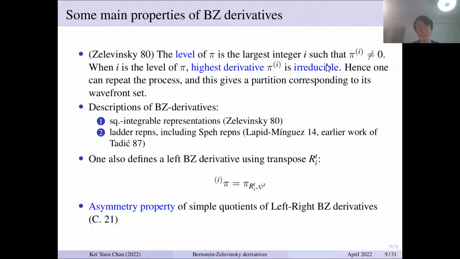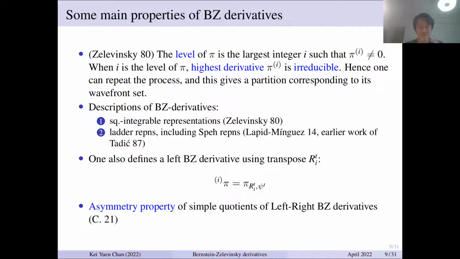Basically, such a partition is, as Emily Ok talked about yesterday, the GL_n case, getting a partition. It is also a similar idea to what Professor Gan talked about yesterday. Then there are some more explicit descriptions.